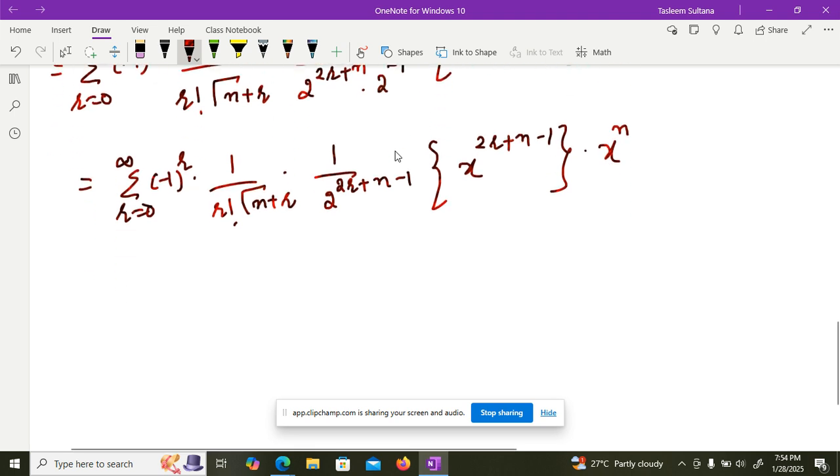Right. Now, this summation is over r, so this x to the power of n I can write completely outside that summation.